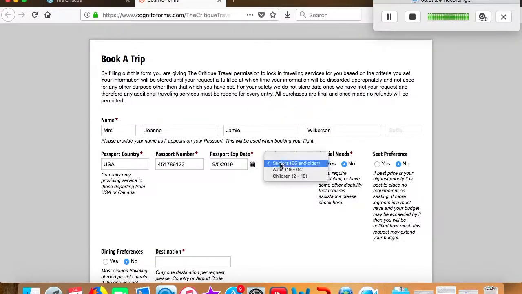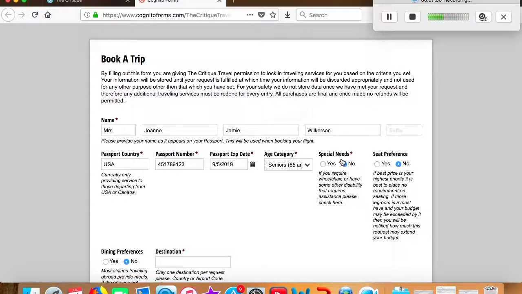And you want to put your age category. If you're between the ages of 65 and older, if you're an adult, 1964, or children 2 to 18. And the reason why you want to do that is because pricing can be different depending on that. There's sometimes discounts and rewards. So if you fall into whichever category, wear it with dignity.